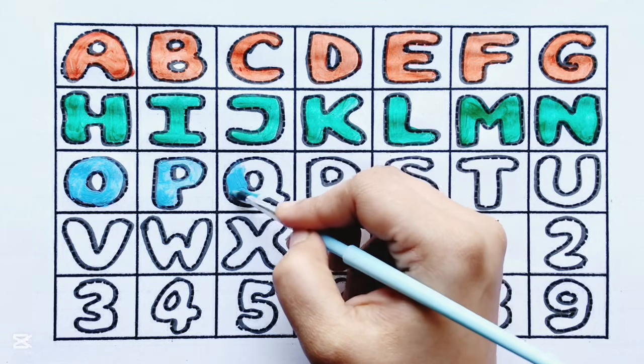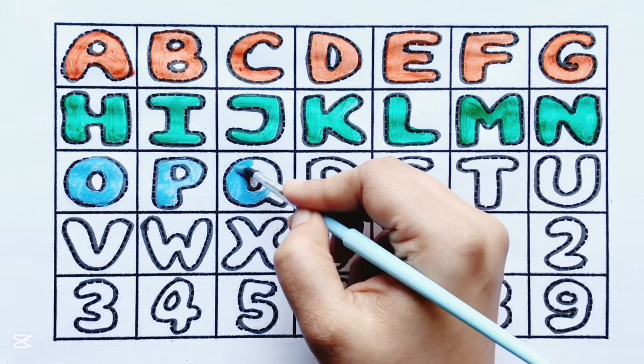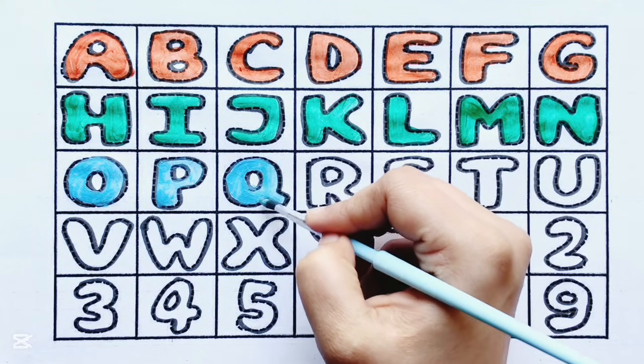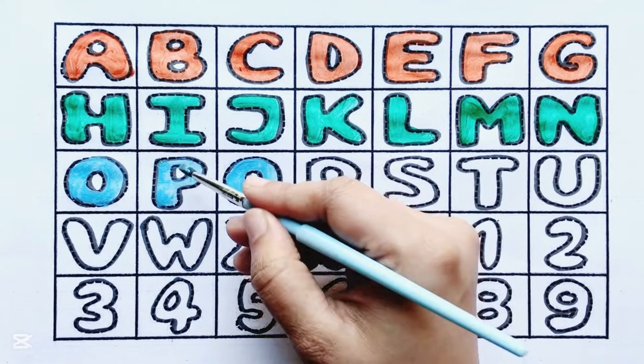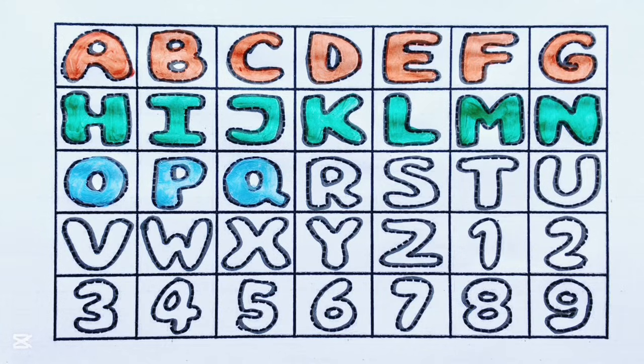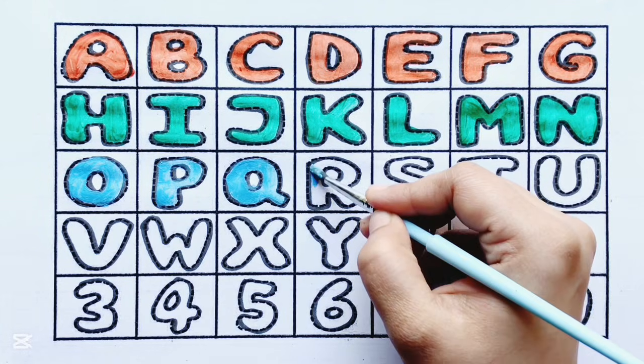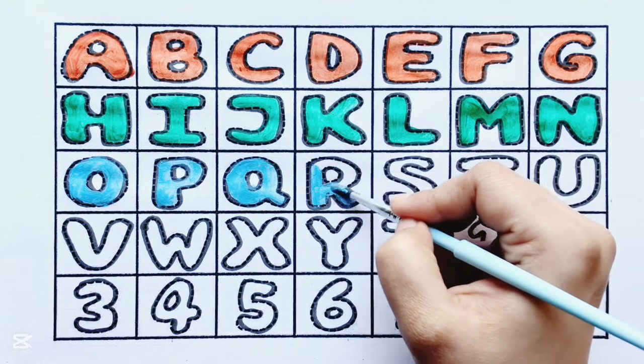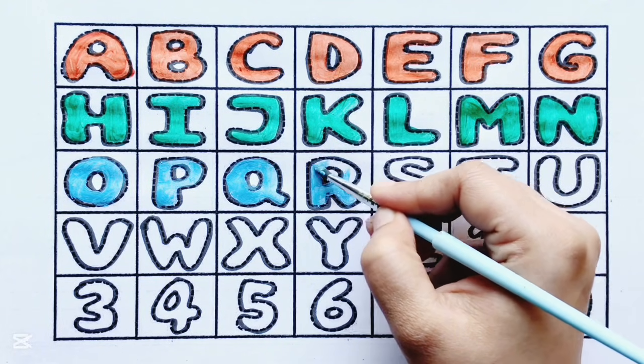Start with the letter A. Apple, angel, address, animal, answer, April, autumn, ambulance, airplane. R for rabbit. Alligator.